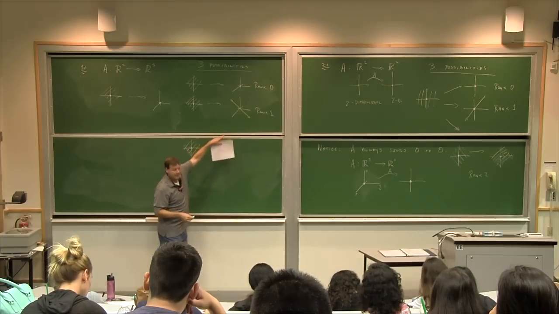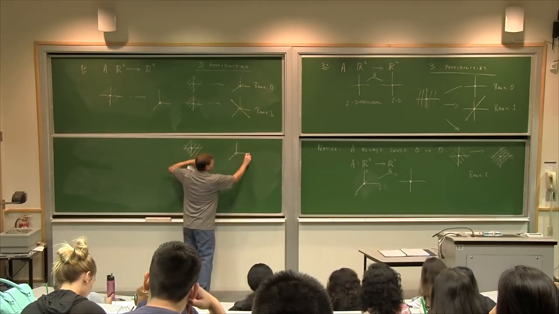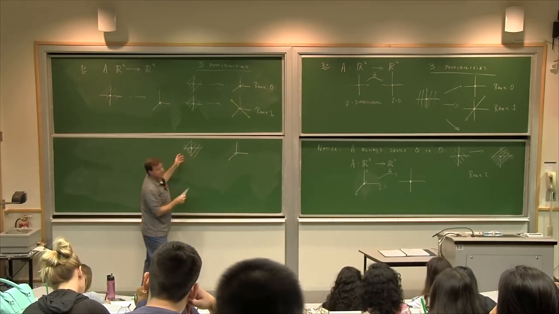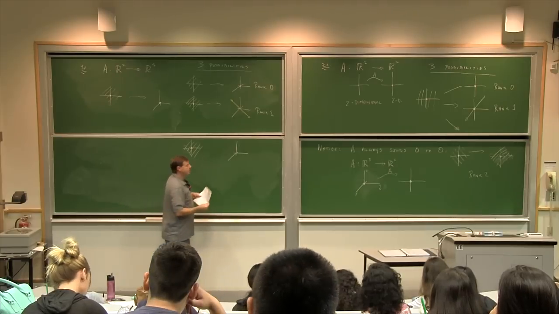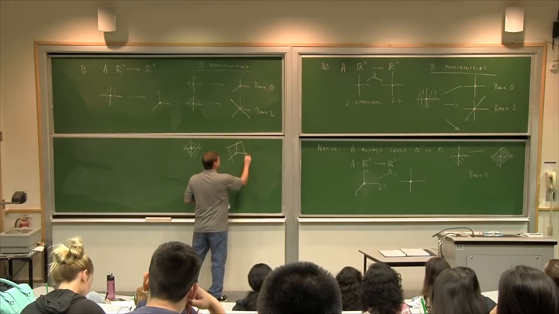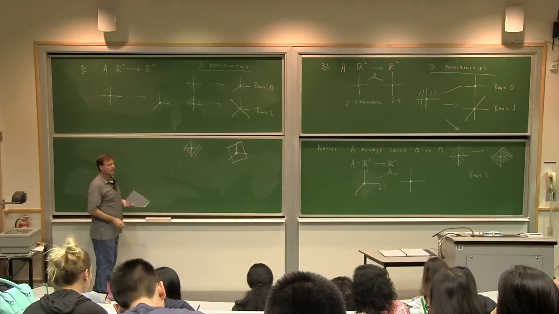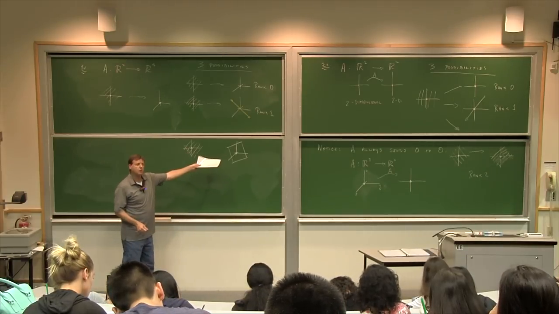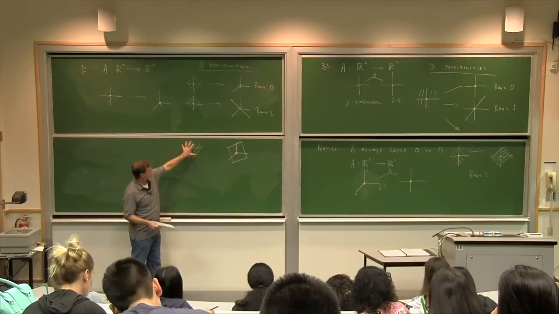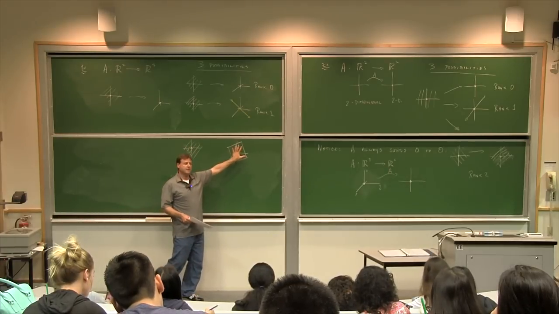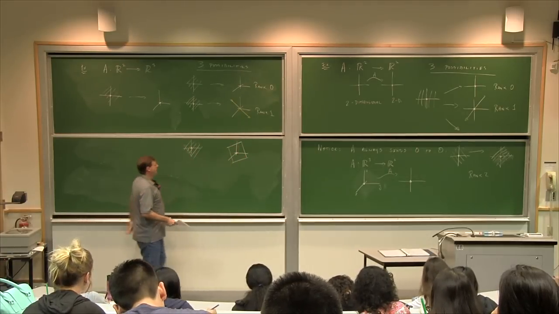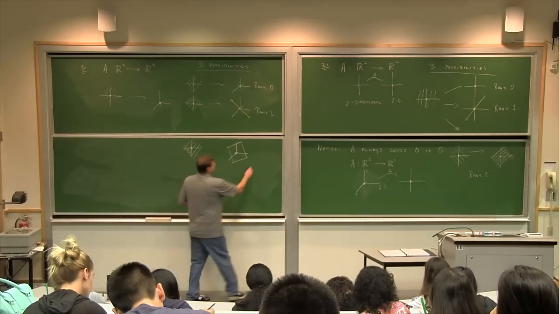But I still have to land in the 3 space. But if it's going to be rank 2, the image is going to have dimension 2. And so what does that look like? That looks like a plane within the 3 dimensions. And again, I put there that the origin has to get sent to the origin. So it really does take this thing here, and it just puts it in 3 space as a plane. That's rank 2.